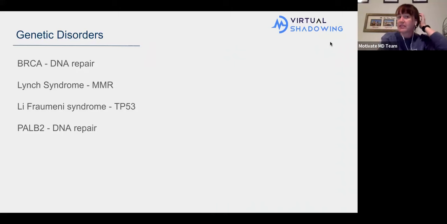The next syndrome I wanted to bring up is called Lynch syndrome. It is a mismatch repair mutation. Usually when there are problems in people's DNA, because cells are dividing all the time, we have specific proteins and genes whose job it is to fix the problem, wherever it went wrong in the process of replicating. But if you don't have those things, you can't fix it, and so the cells gather all these mutations, and that is bad, right?